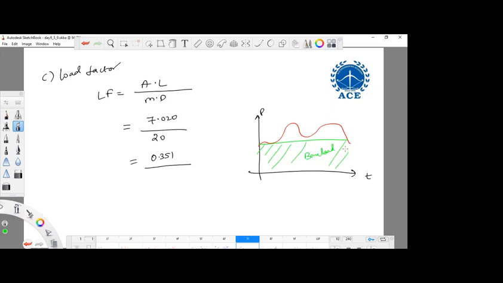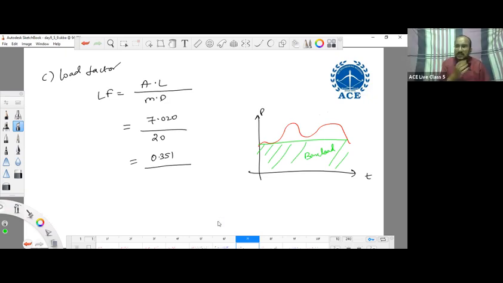The other portion is known as peak load. Which plant is used depends on the type of generator, whether a hydel plant, thermal plant or nuclear plant. That you will be discussing in the generation topic.